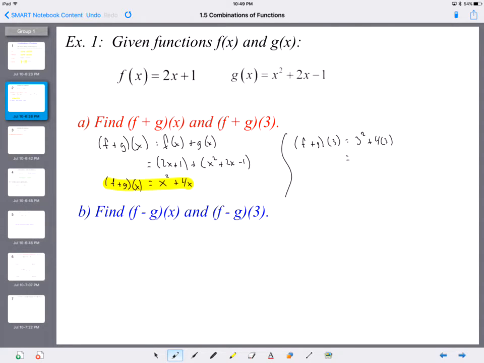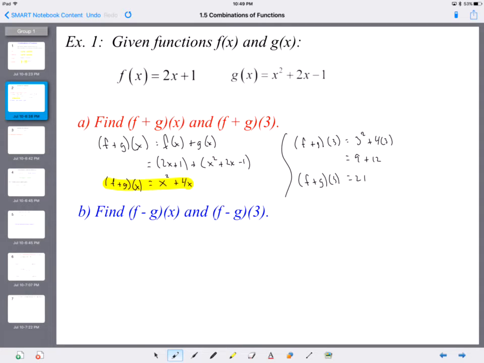Then you can evaluate that. That's 9 plus 12, so f plus g of 3 is equal to 21. Those are the two parts that I'm looking for in terms of these operations, or combinations of functions.